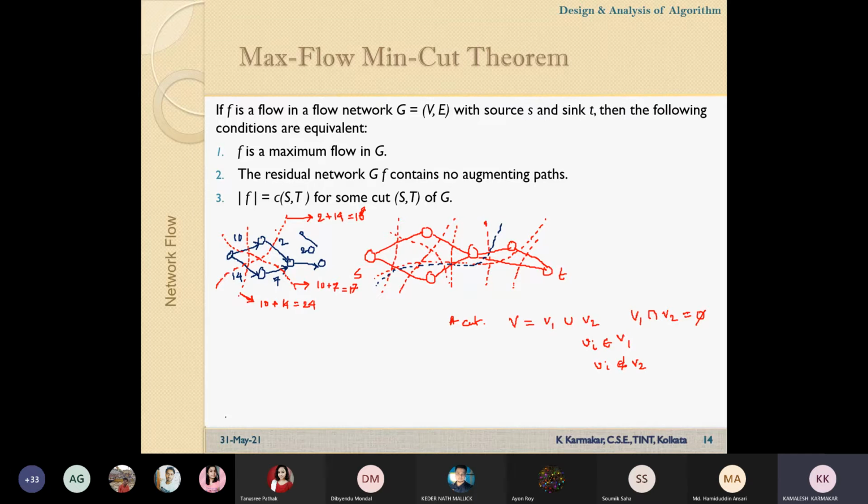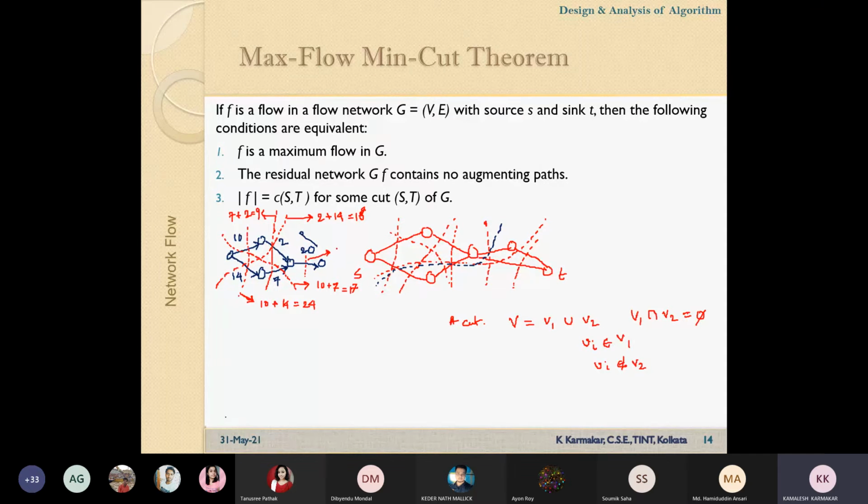Now if we consider this cut, the cost is 7 plus 2, so 7 plus 2 is 9. We have another cut here.